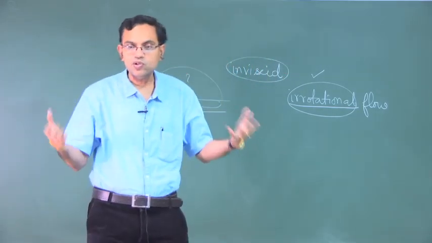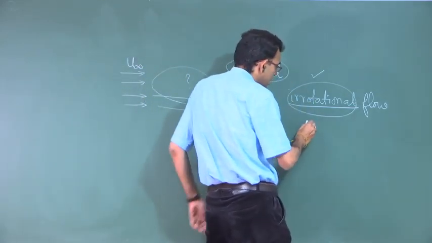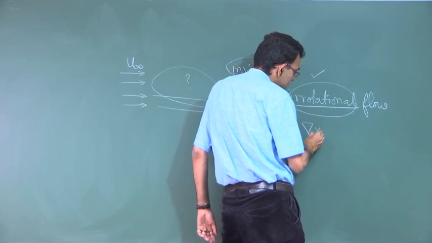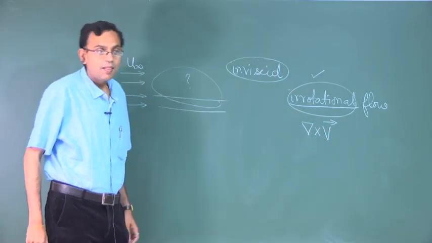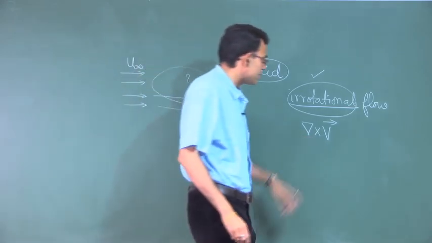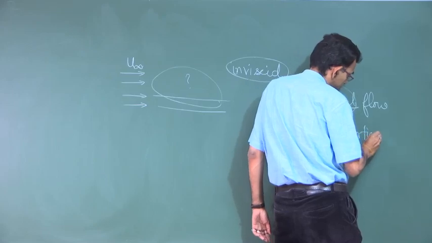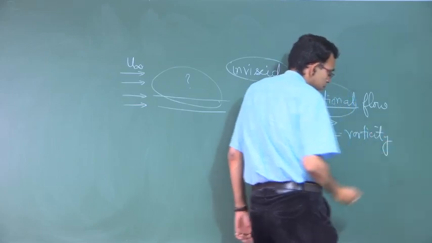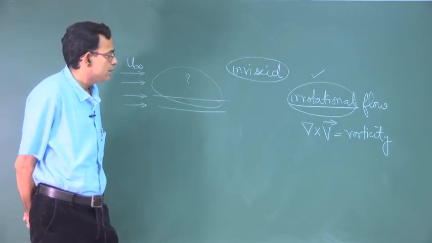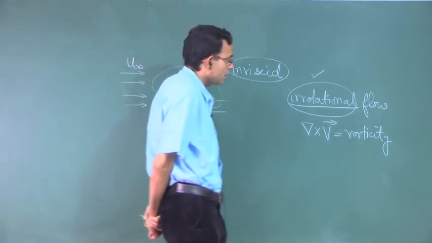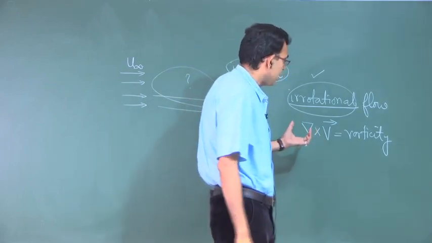Let me just recapitulate if you have forgotten. The rotationality in the flow is described by the curl of the velocity vector, which is also called vorticity.